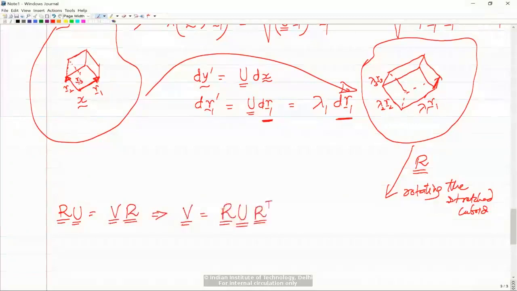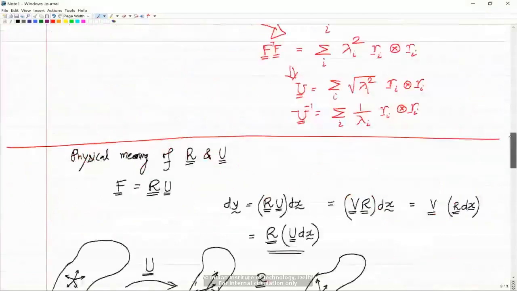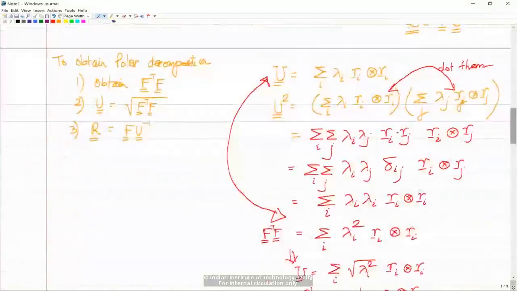So that is the recipe how to get V, which I wanted to write up here. So number 4, to obtain V, just do R times U times R transpose.